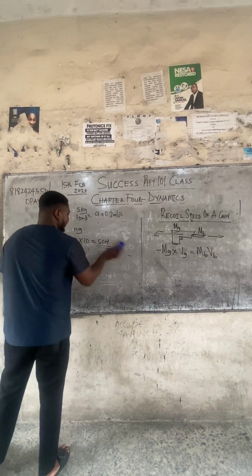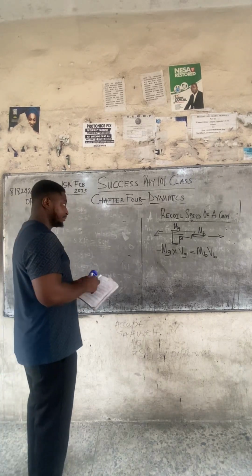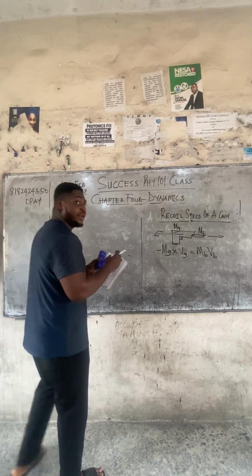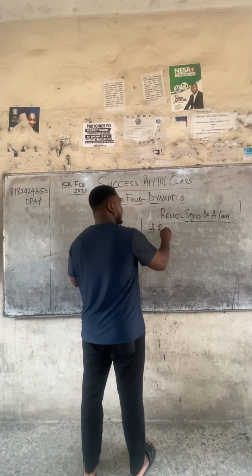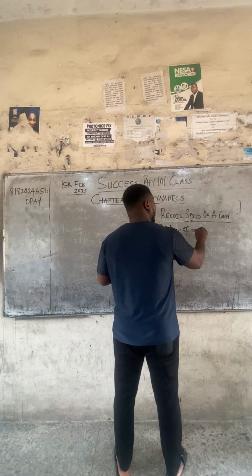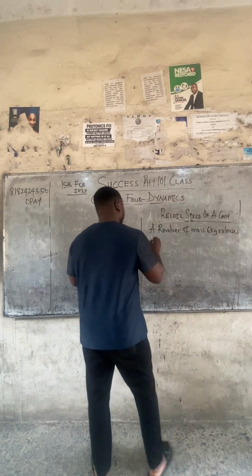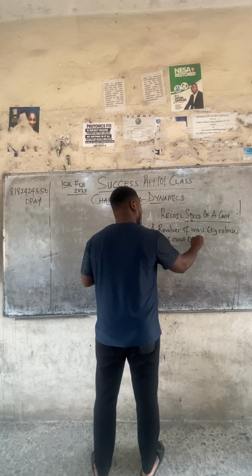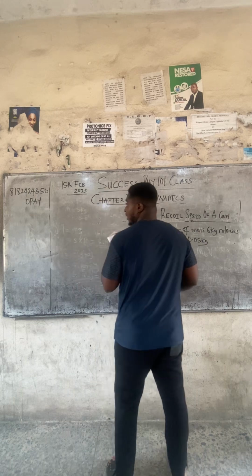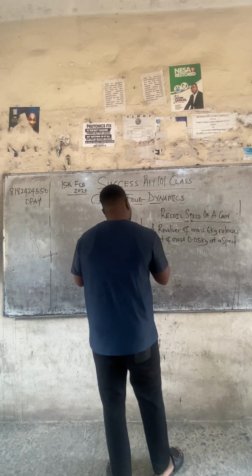A revolver of mass 6 kg releases a bullet of mass 0.05 kg at a speed of 200 meters per hour.